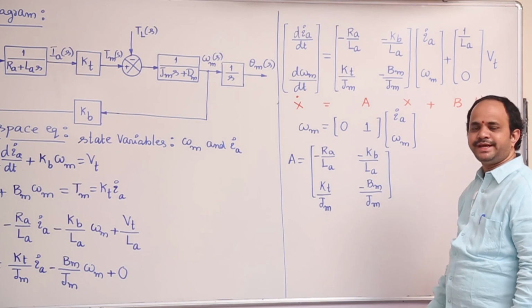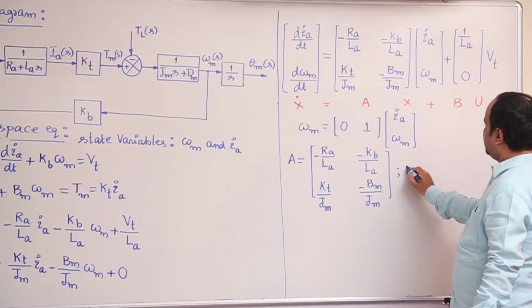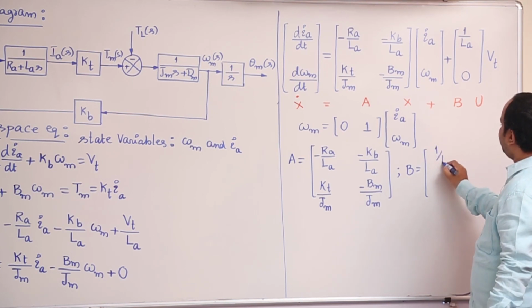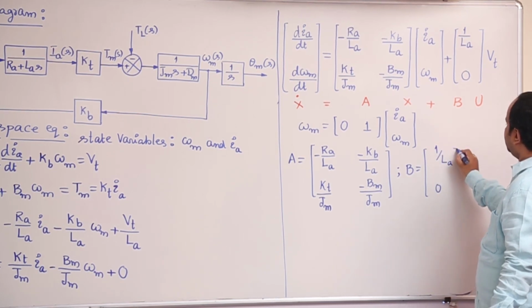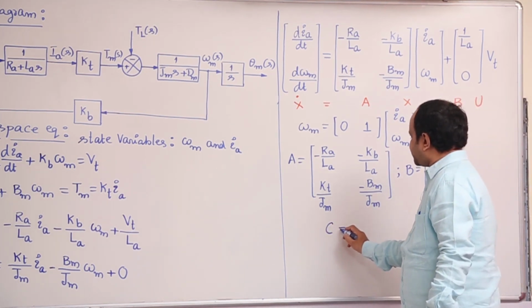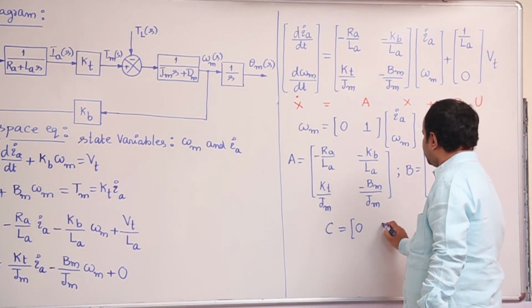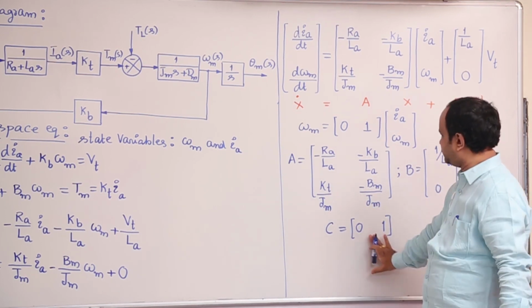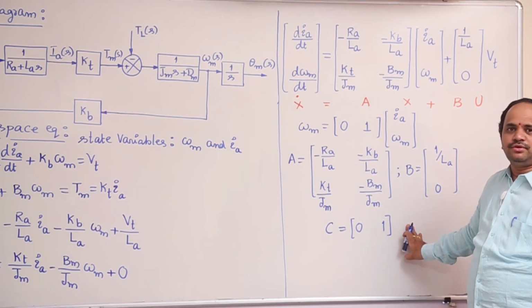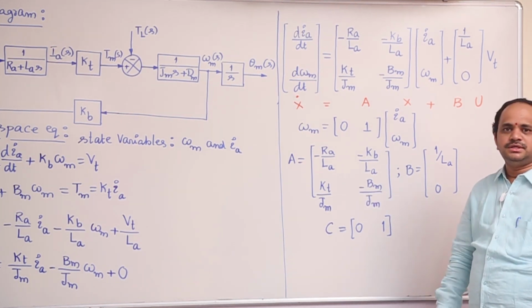This is the state matrix. The input matrix is 1 by La and 0, and the output matrix C is 0 and 1. This is the state space representation of the given DC servo motor.